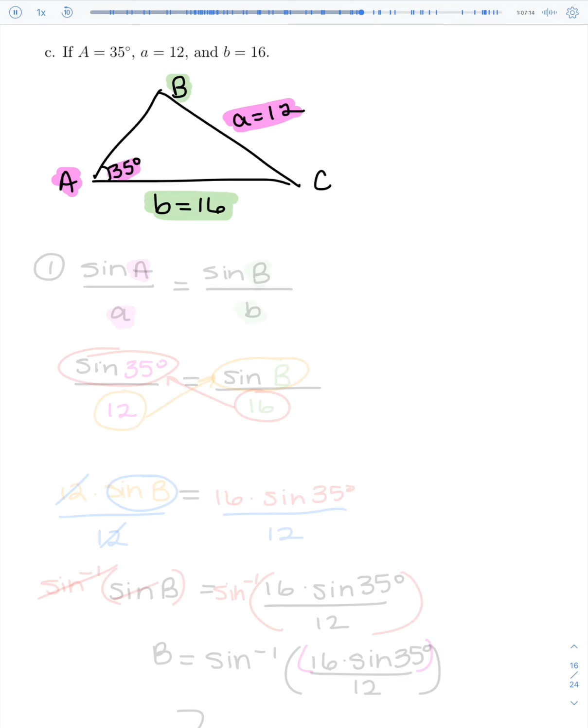angle B. So we'll start off by using our law of sines, which would start off with sine of our angle we do have and matching it up with the side we do have, over what do we have?